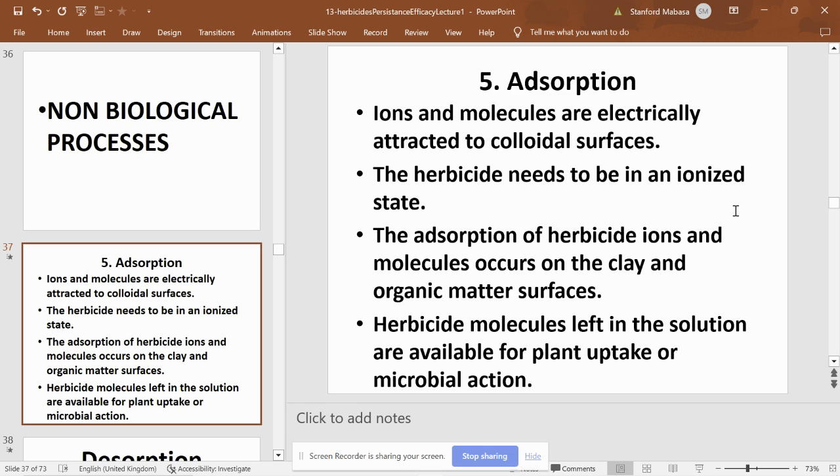Later on, probably I will have to talk about this clay content. We use it to calibrate the dosages for pre-emergence herbicides. Because you'll find that for different soils, we have got different rates. It's because of different amounts of clay content.